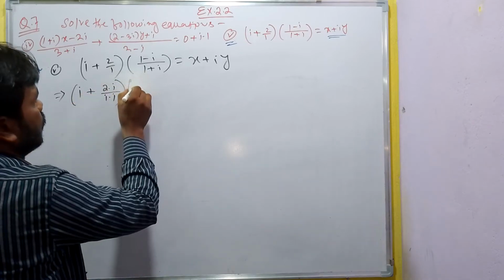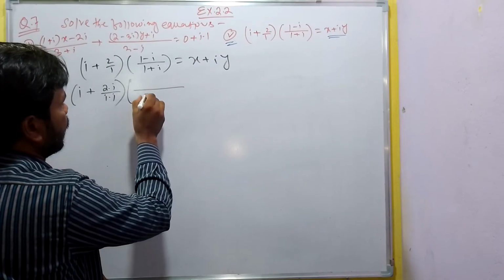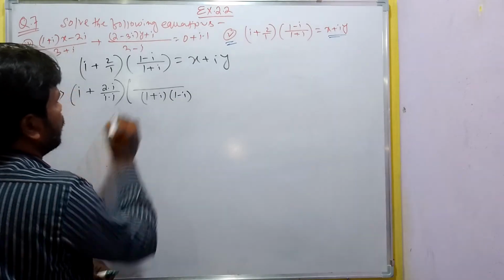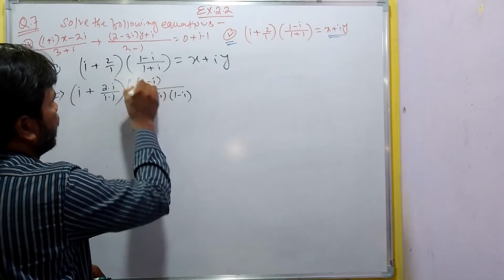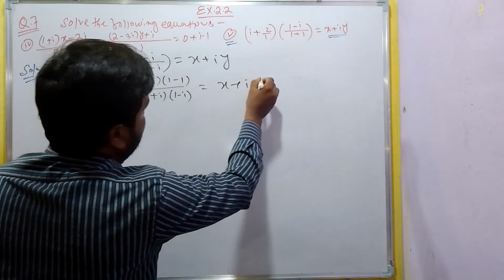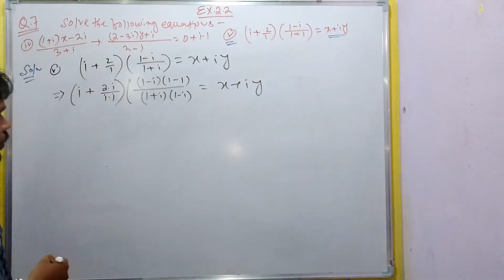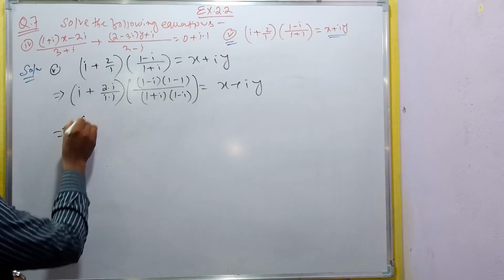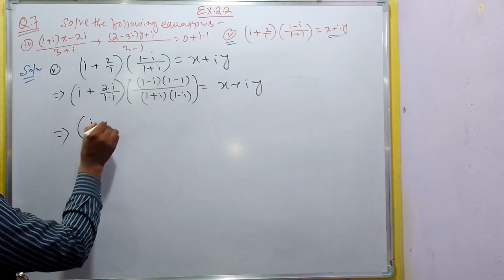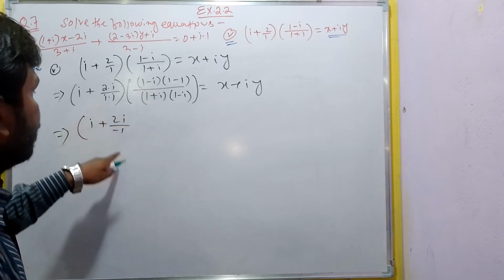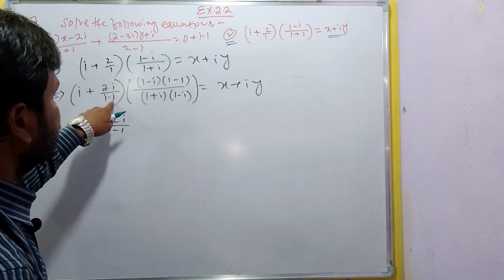Now this one you do rationalise. So what happened? (1 + i) into (1 - i). So here (1 - i)(1 - i) = x + iy. Now you can see here i + 2i by -1. -1 means how it becomes? i into i, that means i squared.